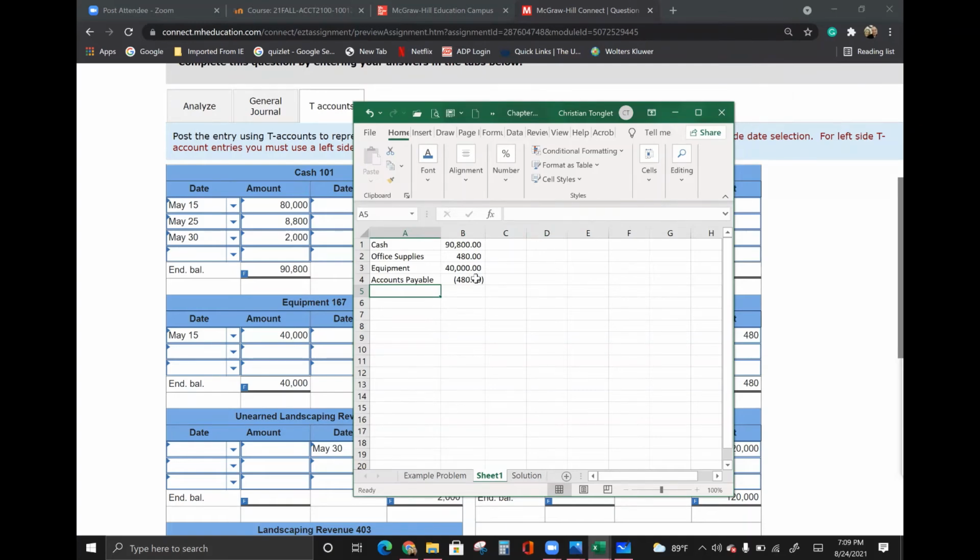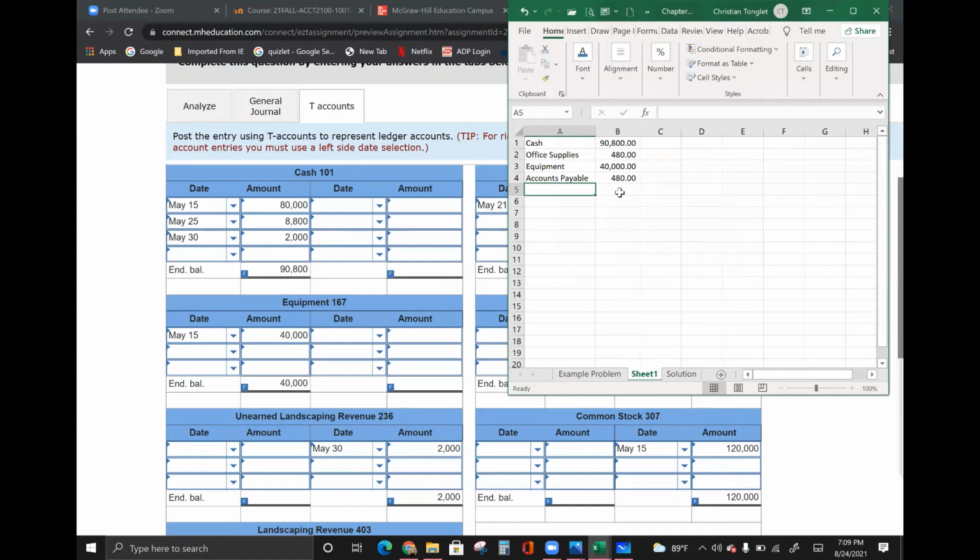I don't think it's going to show it to you as a credit. I'm just going to leave it as a debit, as a positive number. It's not really a debit, but I think that when they give you the numbers on the examples, they're going to be positives. You'll have to know if it's sitting as a credit or a debit. Okay, so we're going to list it that way.